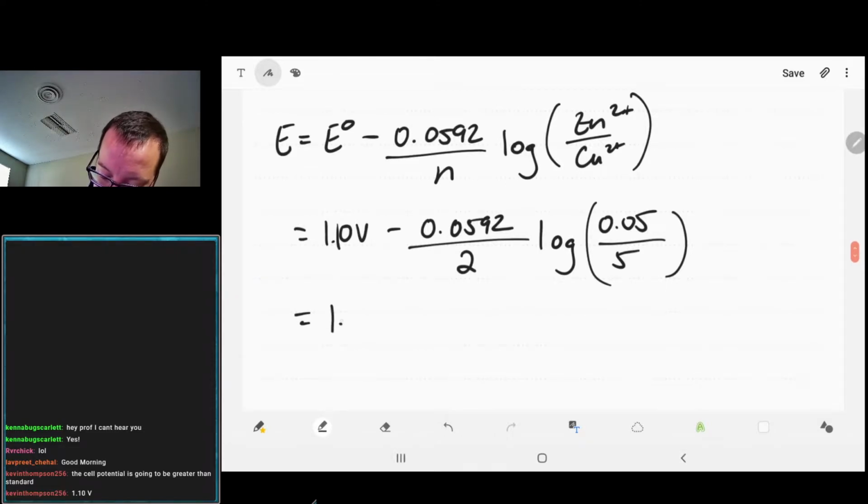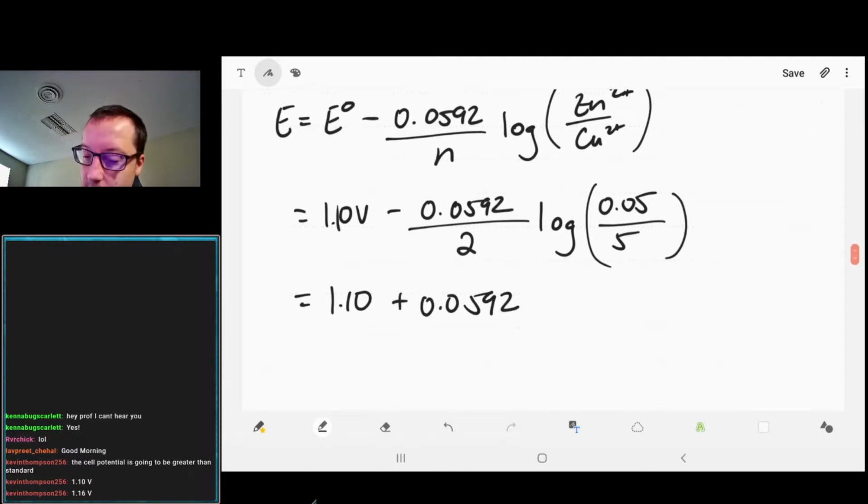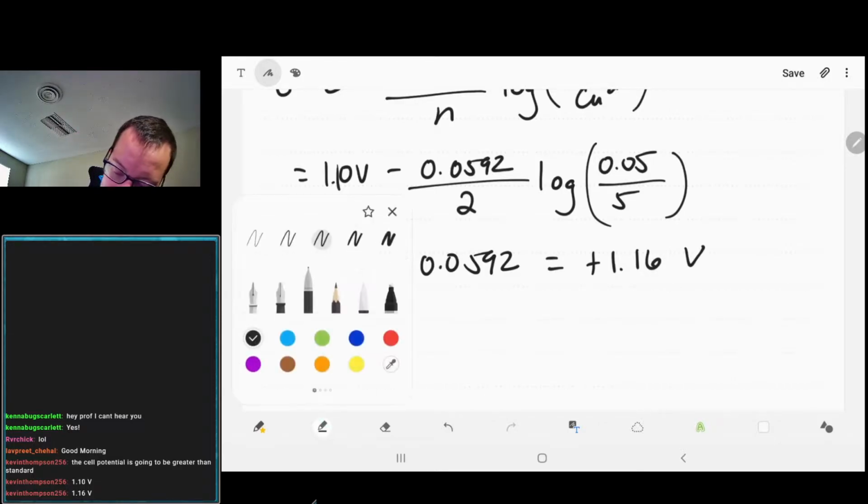So we're going to get 1.1 plus, actually that'll just cancel out, right? So plus 0.0592. Am I going crazy? No, I think that's right. Log of, yeah. So doing this stuff, yes, indeed, we get positive 1.16 volts. So we see we have increased our cell potential.